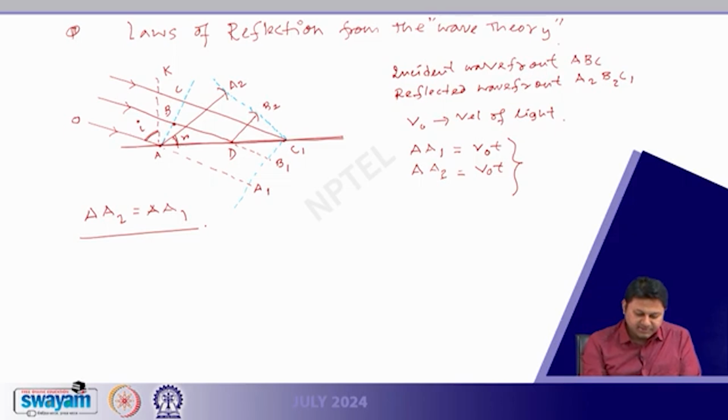Now, let us consider these triangles. There are many triangles that are formed here, so let us consider one by one.